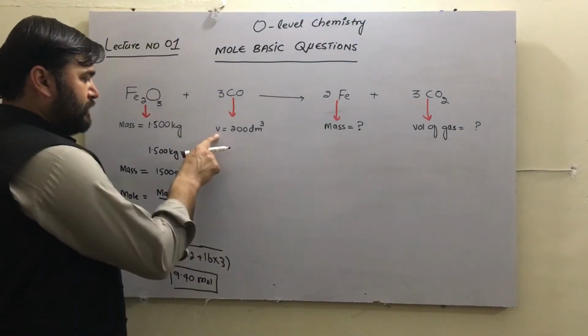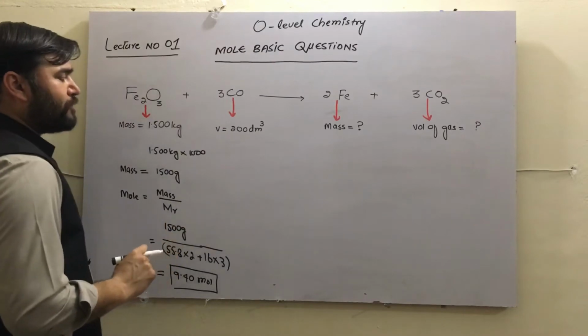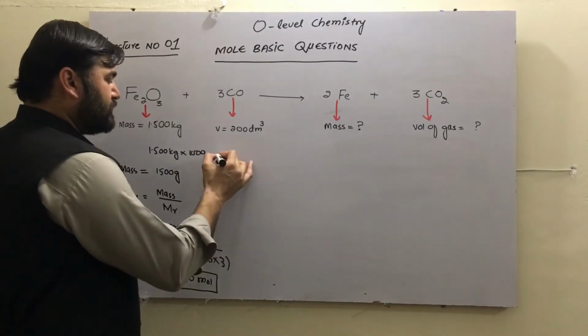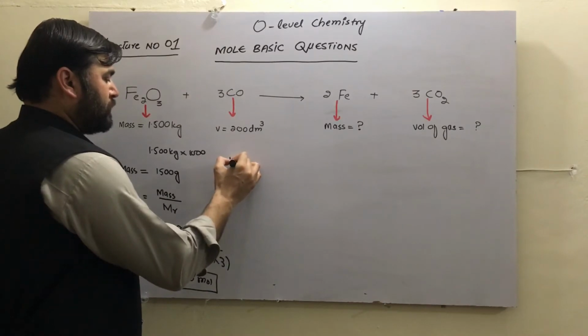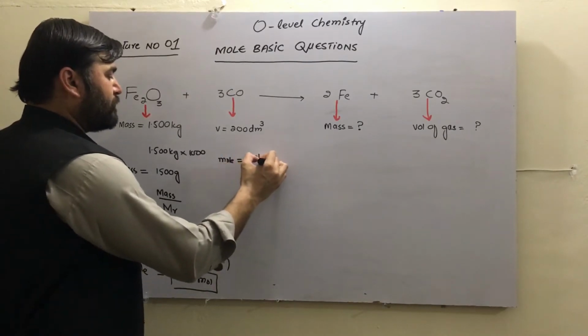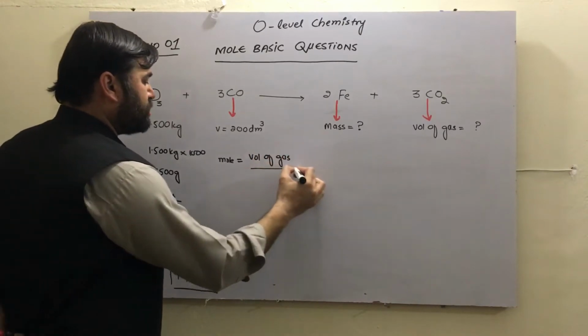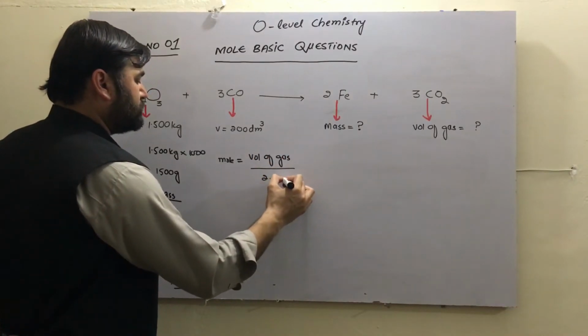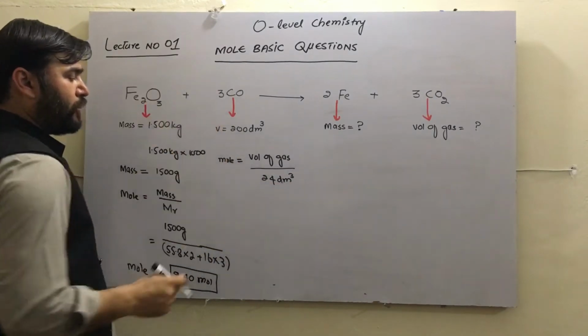And suppose we are going to find volume. Now volume is given, and from volume how can we find the mole of a gas? The formula is very simple. Mole of a gas is equal to volume of gas divided by 24 dm cube. This is the formula to find the mole of any gas.